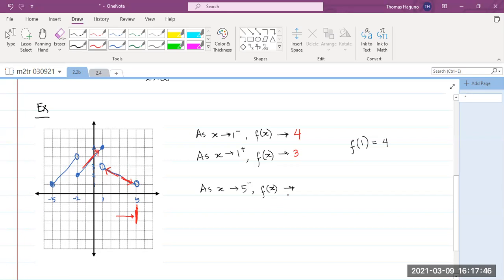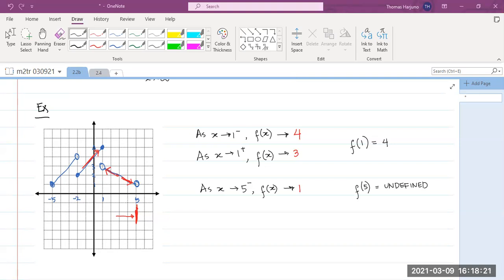That's right. However, what is f(5)? f(5) is undefined. That's right. Why? Because when x equals 5, there's no value for that.